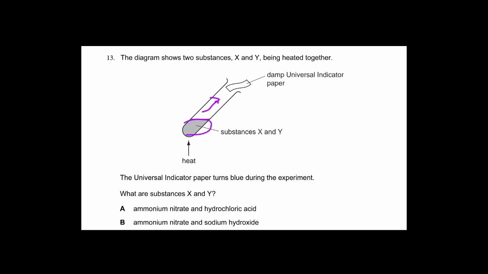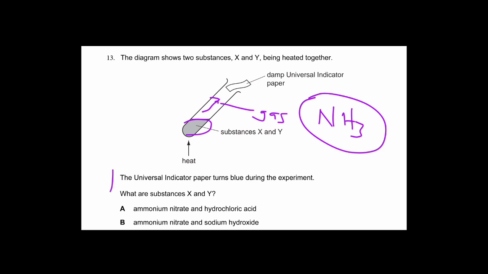Here we are supposed to have a gas, and this gas should be able to react with this indicator, causing it to change the color. And the only gas which has that ability is ammonia. Ammonia is the only existing basic gaseous substance which is able to turn a red litmus paper to blue.